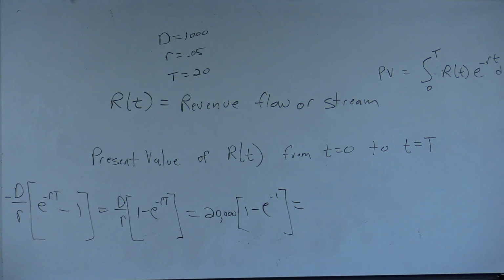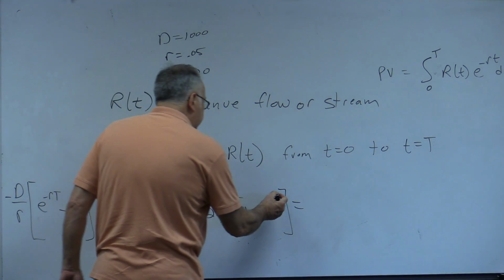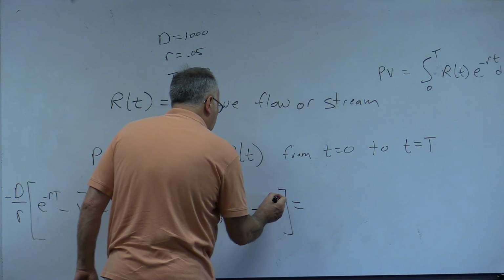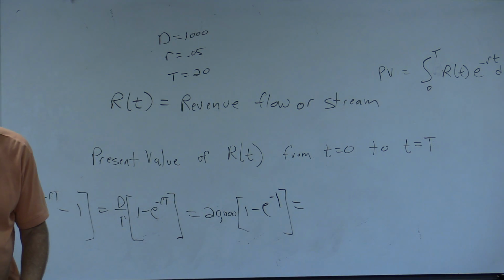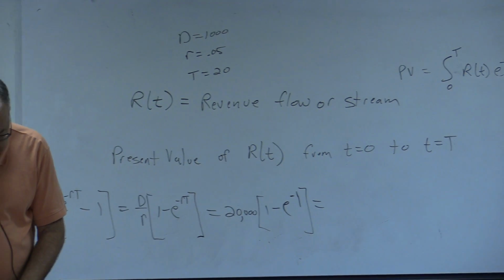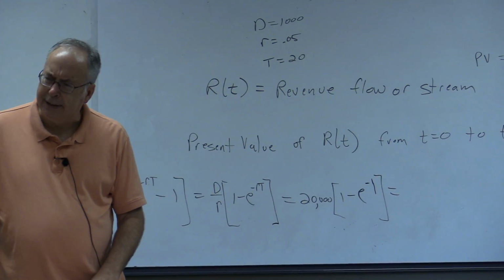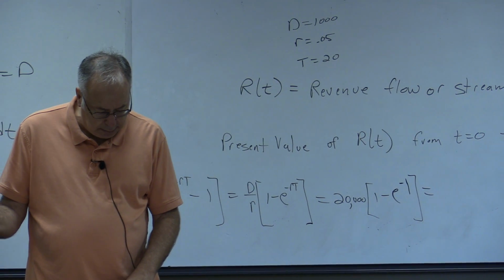So if you calculate 1 minus e to the minus 1, and actually I did it all together, that's 0.6 something if you do the subtraction.